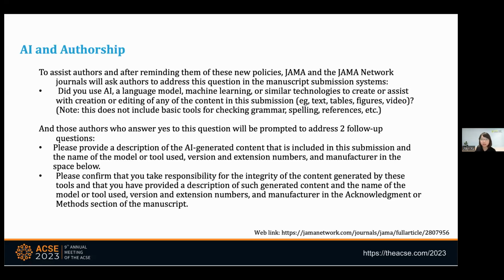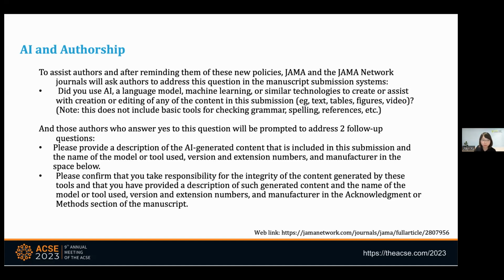Did you use AI, a large language model, machine learning, or similar technology to create or assist with creation or editing of any of the content in this submission, like text, tables, figures, and videos? This doesn't include basic tools for checking grammar, spelling, and references. Those authors who answer yes to this question will be prompted to address the following two questions.